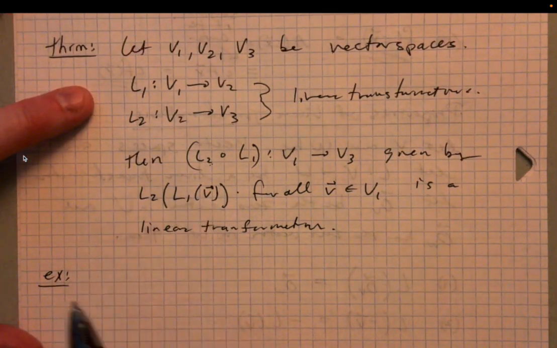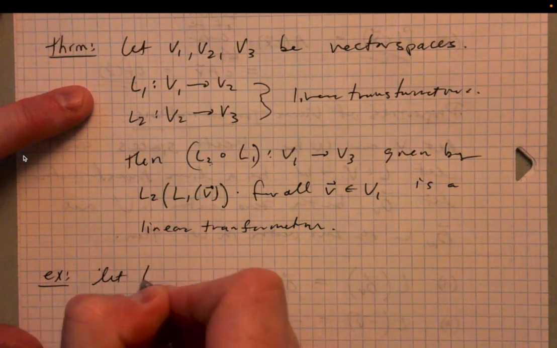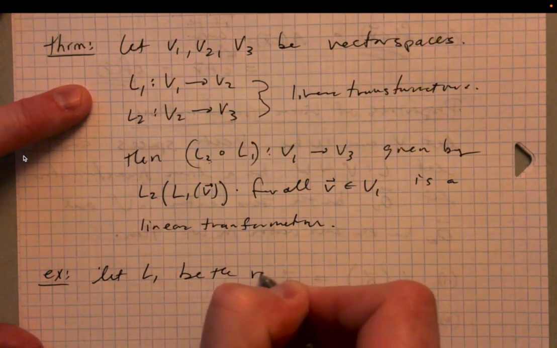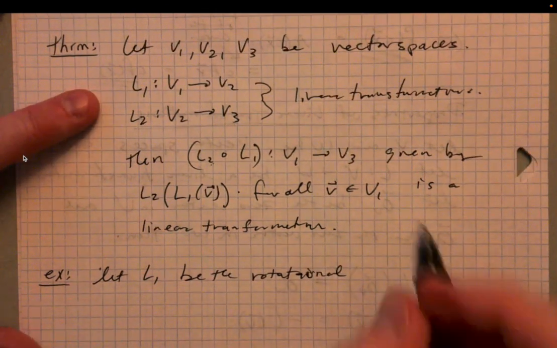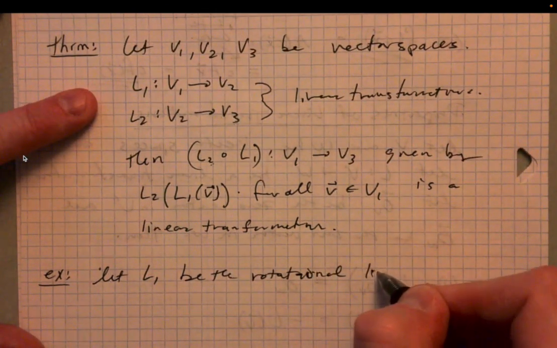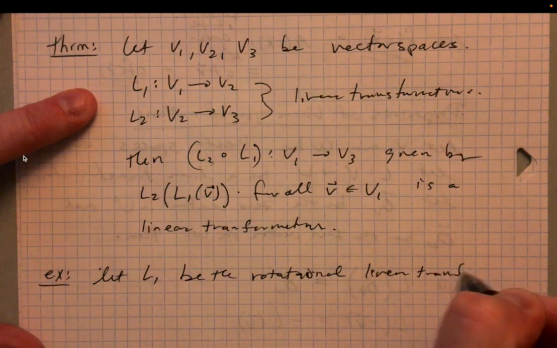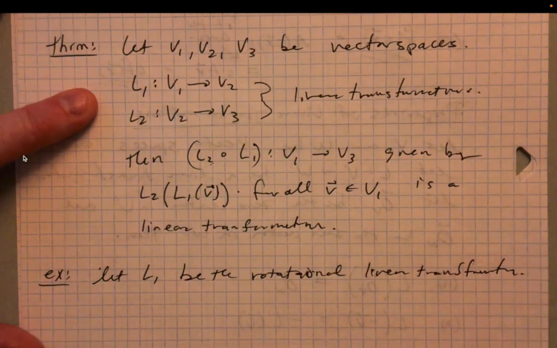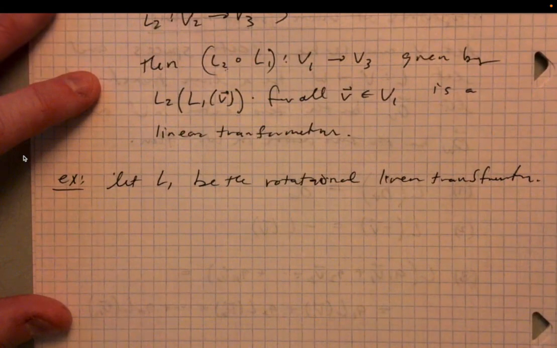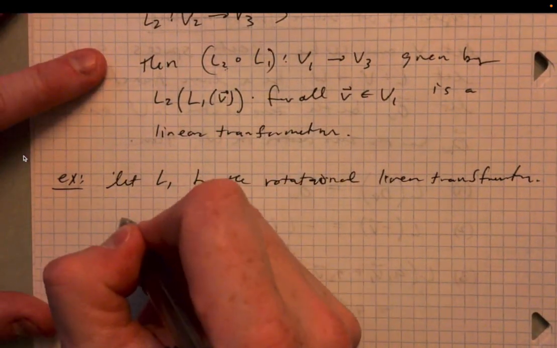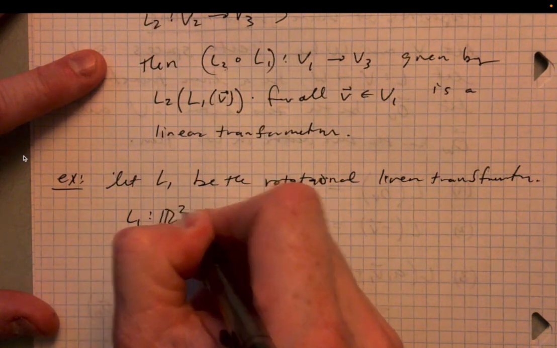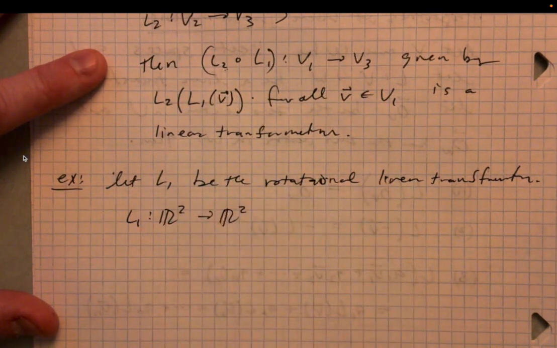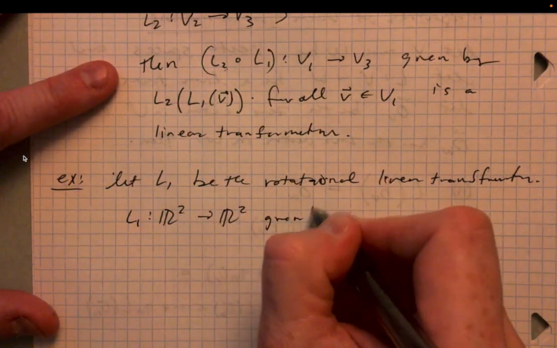Let's let L1 be the rotational linear transformation from before, right? We'll think about this in terms of R2. So L1 is from R2 to R2, given by, what was it?